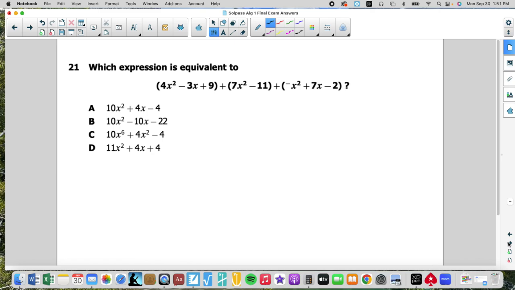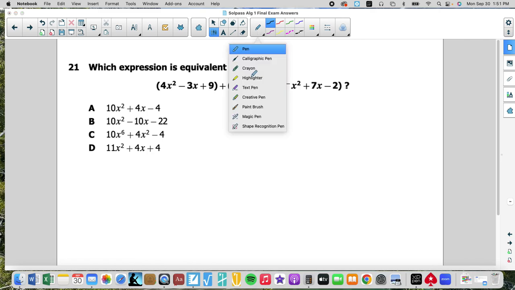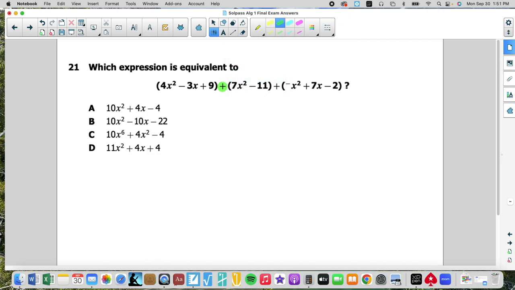Which expression is equivalent? So we have multiple binomials. We would distribute that into here, and we would distribute this into these, and we know that it actually doesn't change it because of a positive 1. So I'm just going to write these out. I'm going to write 4x squared minus 3x plus 9.